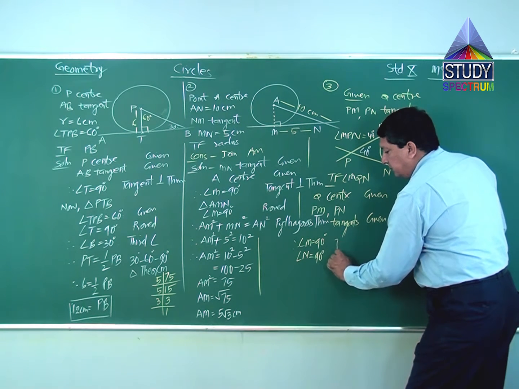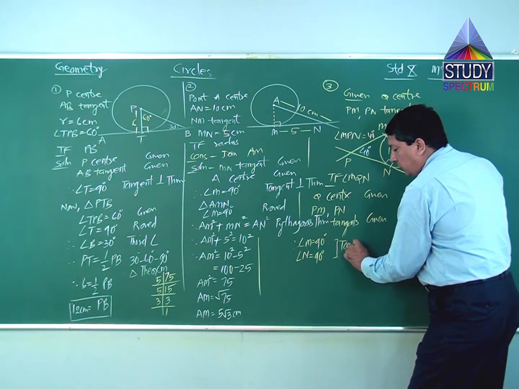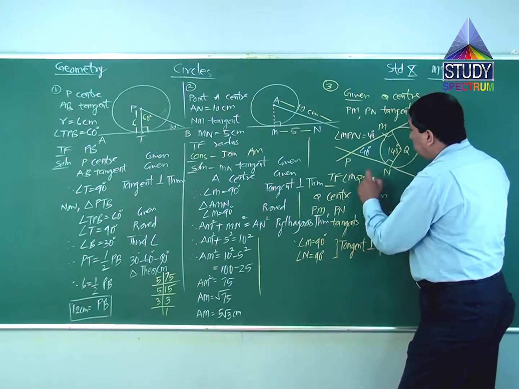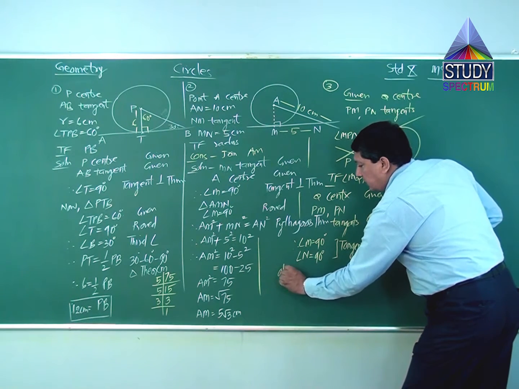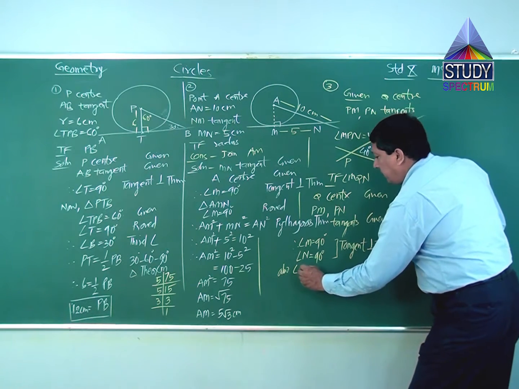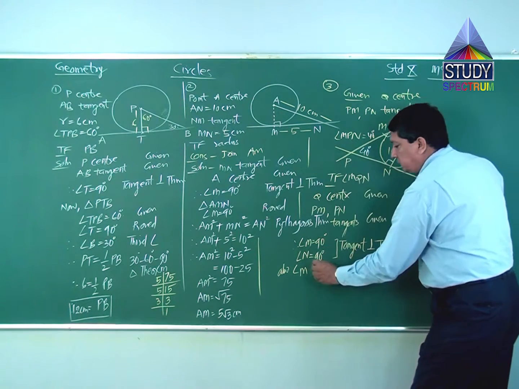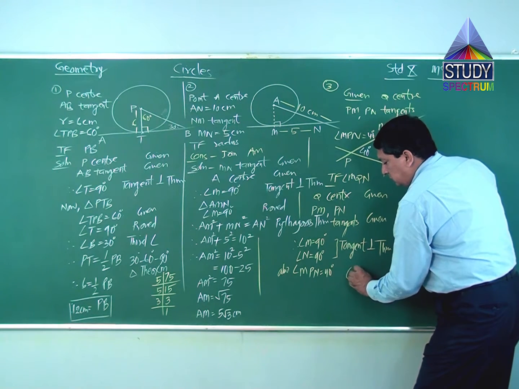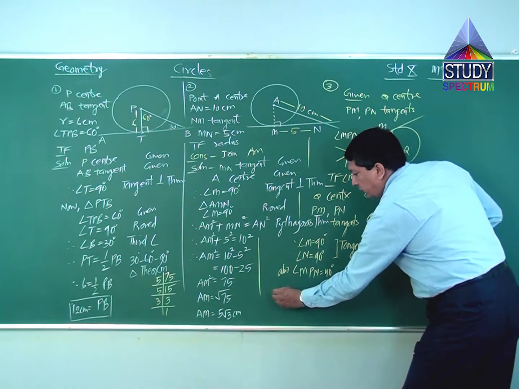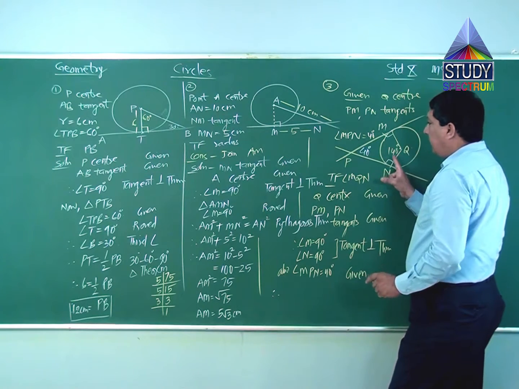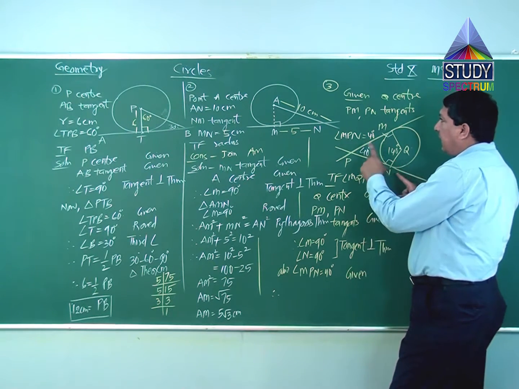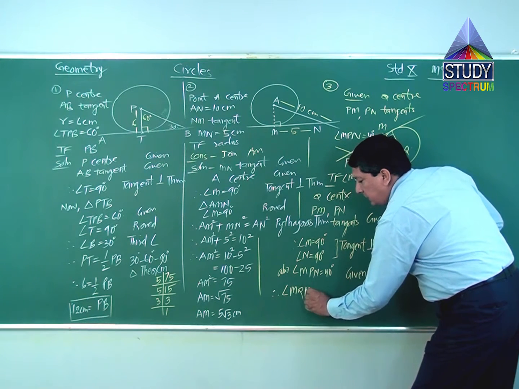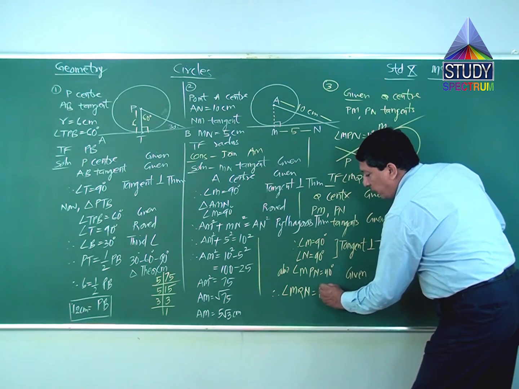Reason for both is tangent perpendicularity theorem. Also, angle MPN 40 degree. This is also given to us. Therefore, the remaining angle is angle MQN, which we need to find out. Angle MQN is equal to 140 degree.